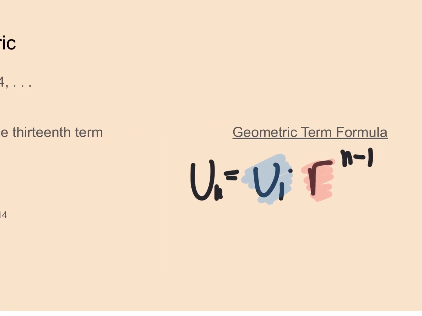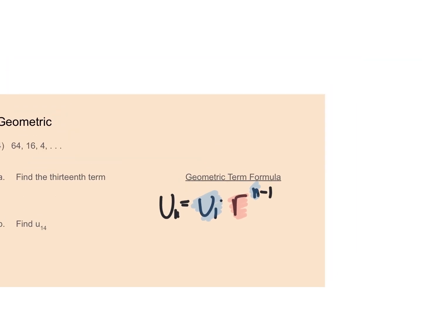And do you know what the heck the n is? Because if you do, you can subtract 1 from it. Take a second. Try to find the 13th term. You'll need this number, times it by that number, to that power. I'll pause for a sec, give it a shot.